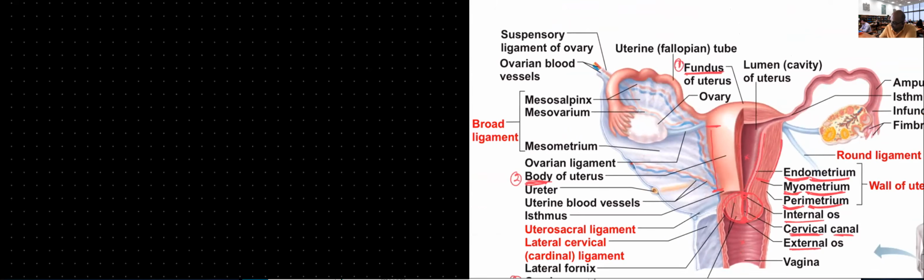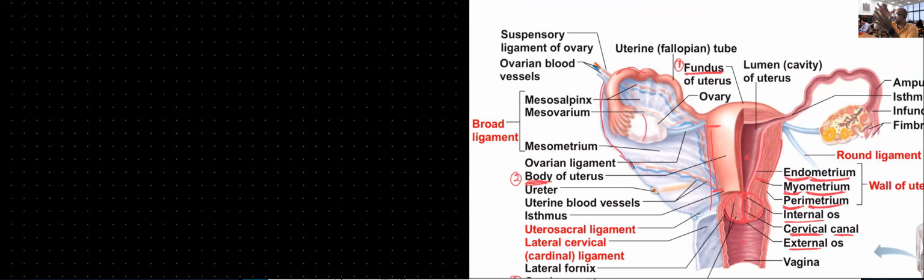Looking at a very large and flattened ligament that will be surrounding the fallopian tube, the ovary, and the uterus. We call this the broad ligament.